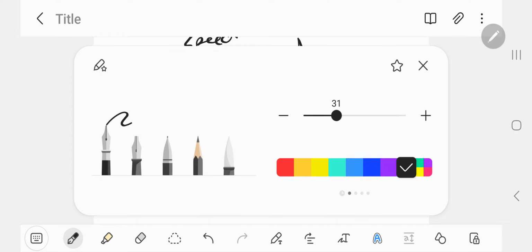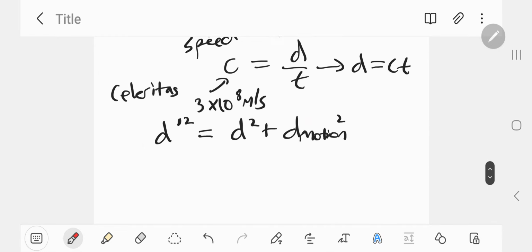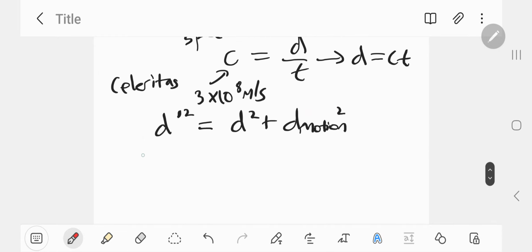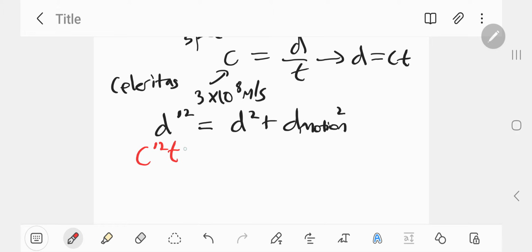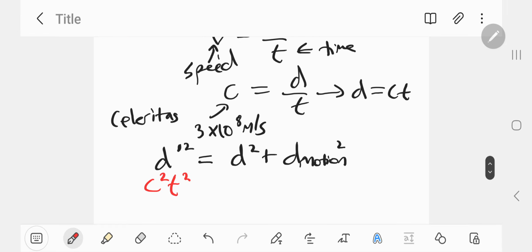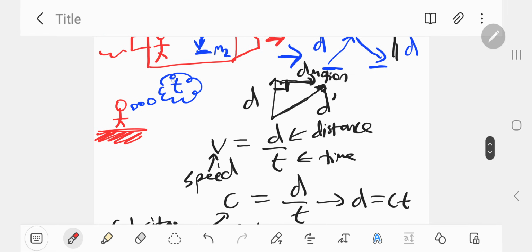Now, let's substitute in for d dash squared. d we established is ct, so we put in c squared t squared. Actually, don't worry about the dashes. There's no dash for the t or c. If you recall, d dash is what the guy on the ground sees as t.